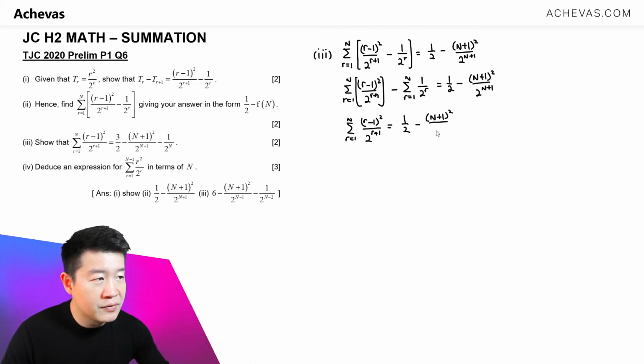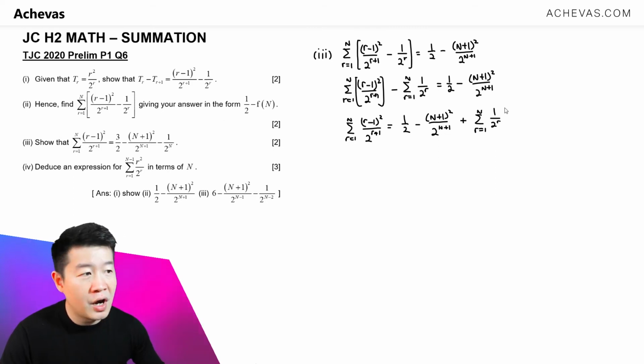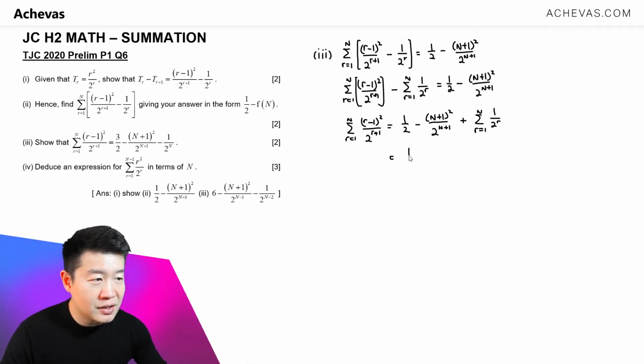1 squared divided by 2 to the power of n plus 1, then plus the summation of r starting from 1 to n of 1 over 2 to the power of r. So now the key lies in whether we can evaluate this. And to evaluate this, I'm going to expand it. So this is half, then minus n plus 1 squared divided by 2 to the power of n plus 1.